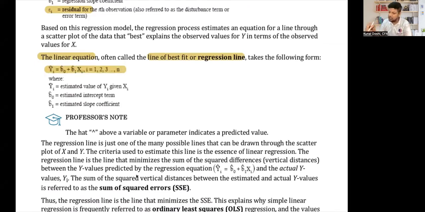Here, the cap that you see on the top is called the predicted value or estimated value. That's why you see the word estimated or predicted. The hat above the parameter indicates a predicted value. Just remember, I'm just discussing all the terms.